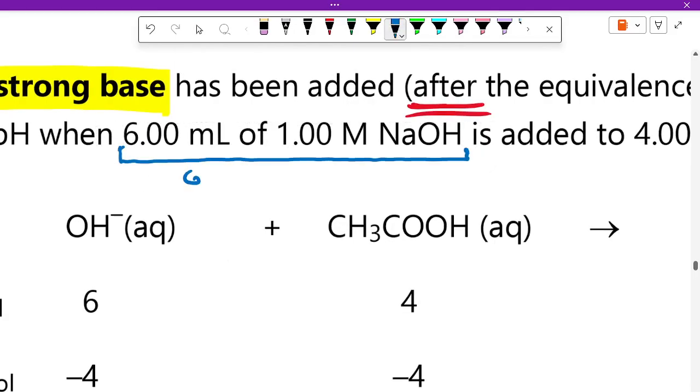That gives us 6 milliliters times 1 mole per liter, which is 6 millimoles of OH minus.